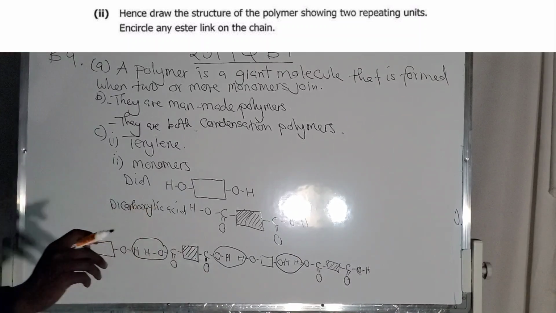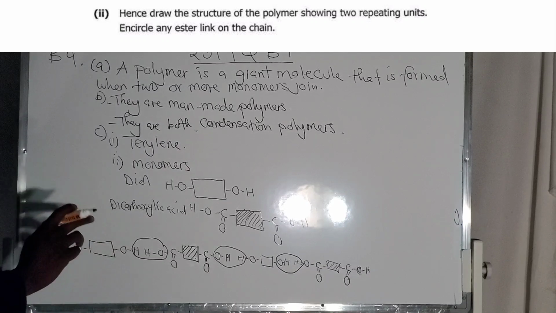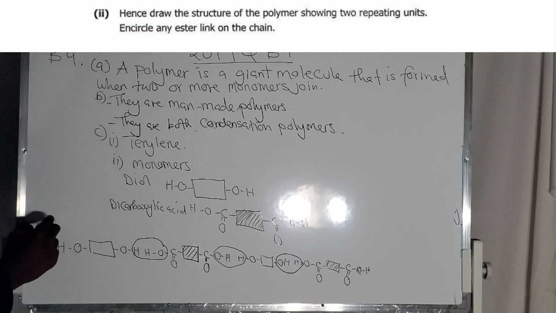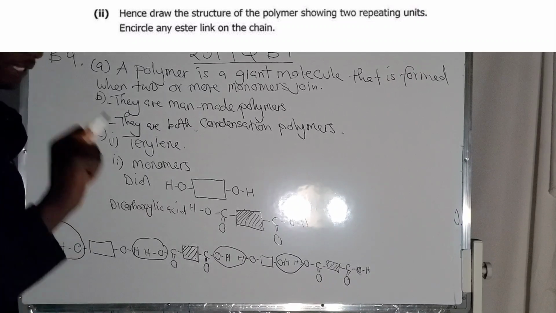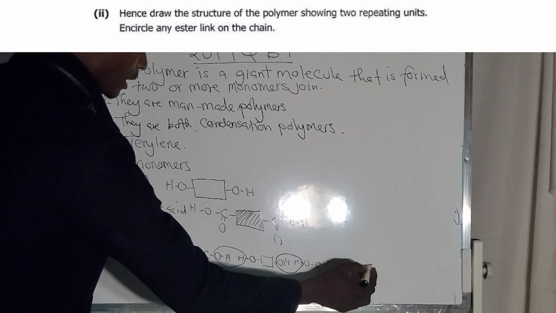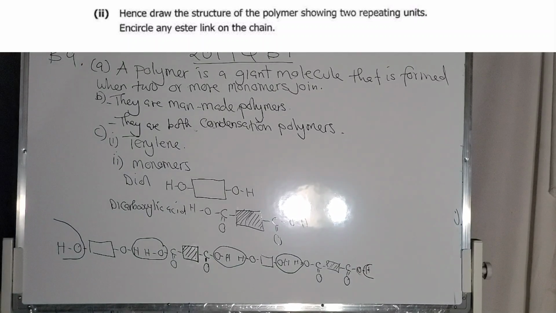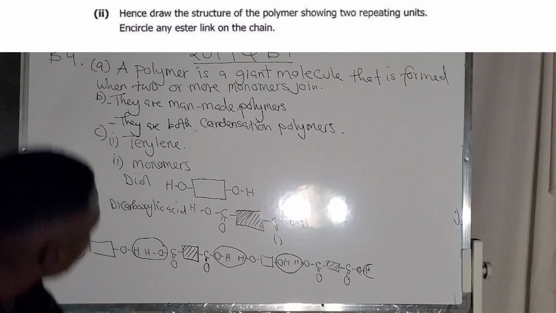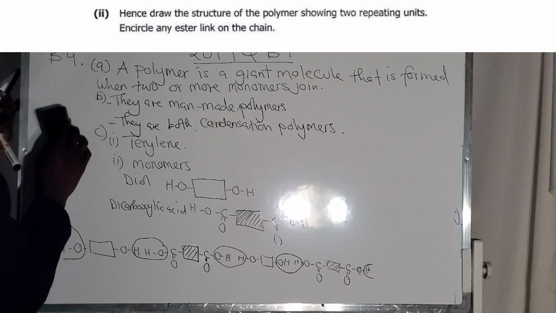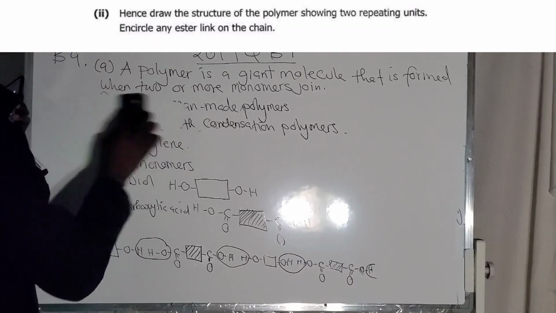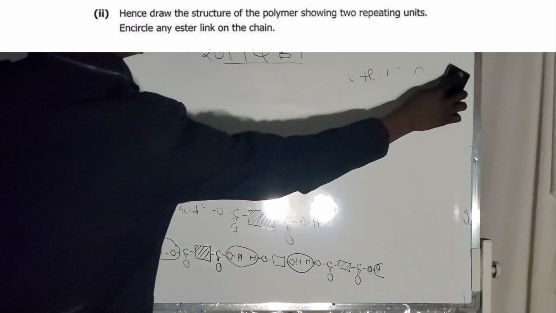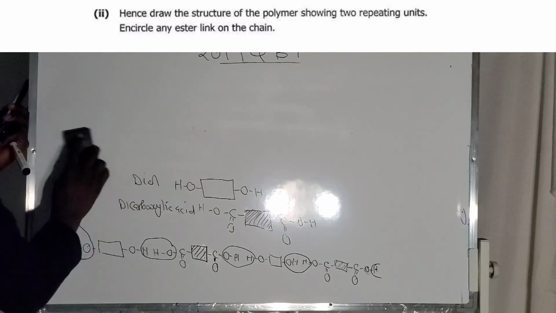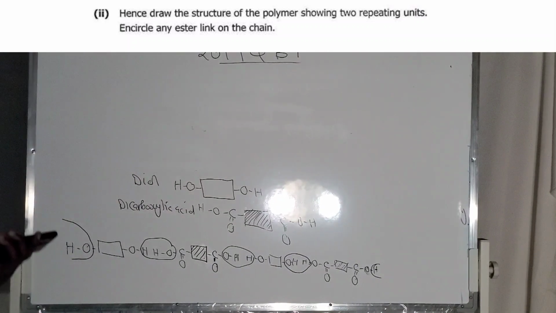Now, be careful here, because this HO will also form water with one of the hydrogens here, the last hydrogen here will also form water. Let me just clear space so that I show you the final result. So you draw what is remaining.